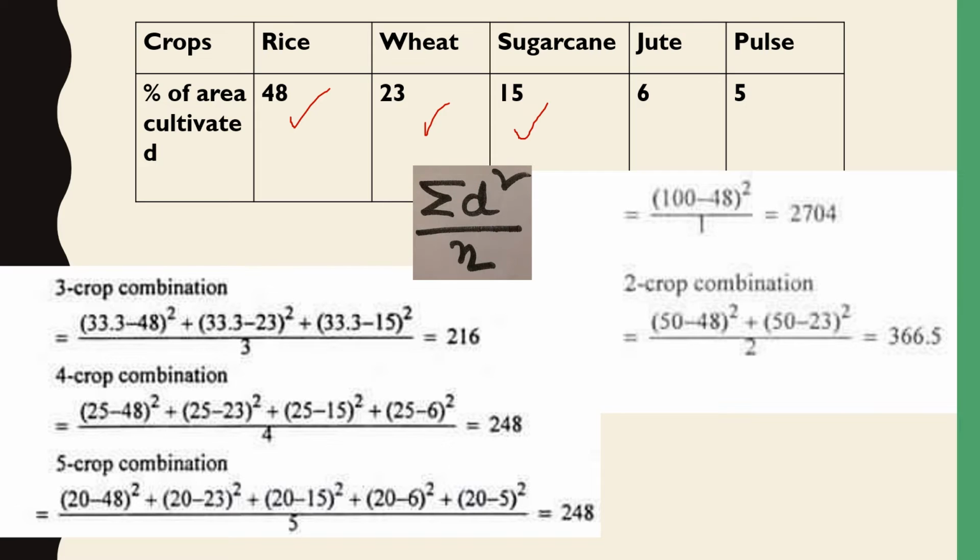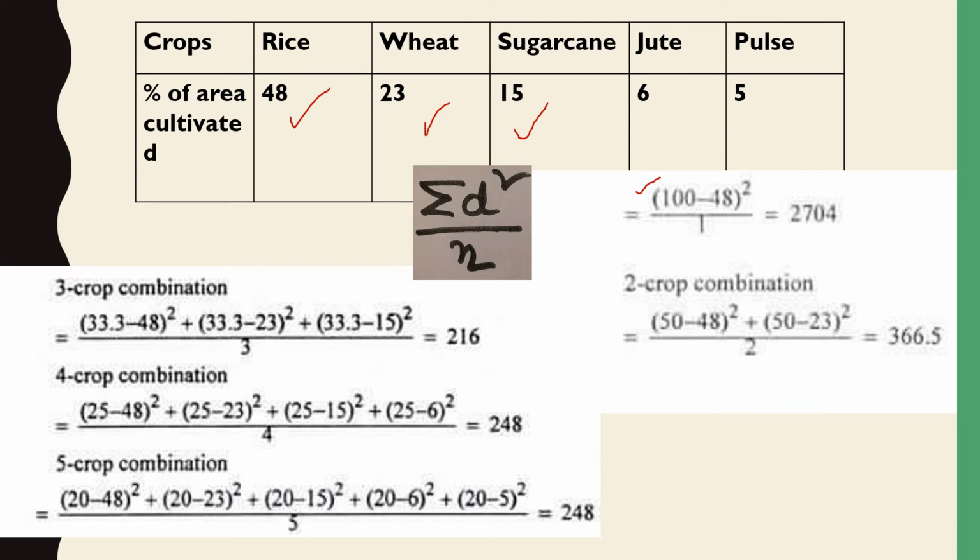In the equation summation d square by n given by Weaver, d is equal to the difference between theoretical value and actual value, and we have to calculate it. Firstly, in monoculture, the theoretical value was 100, right?